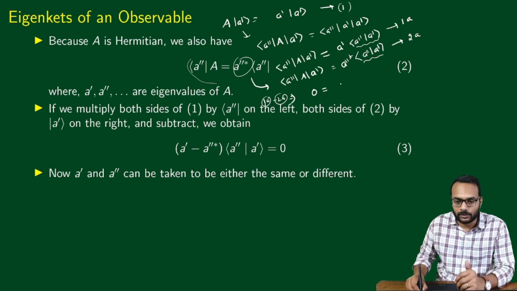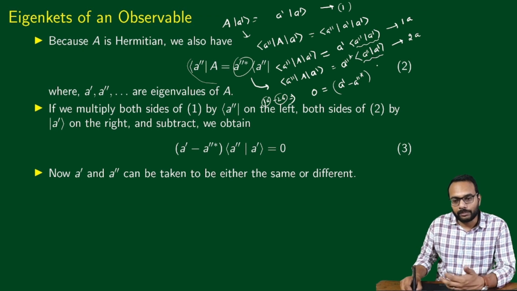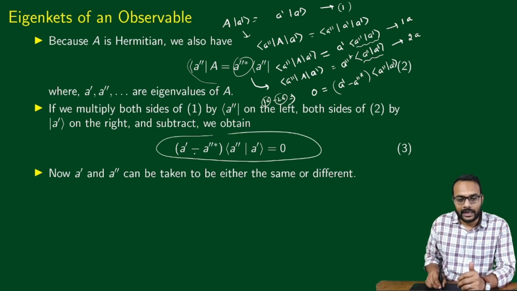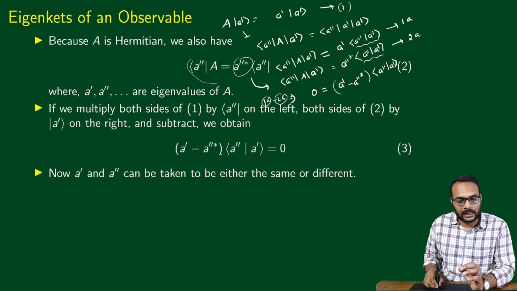We get 0 equal to A prime minus A double prime star, and I am pulling the bracket A double prime A prime out. That's how we get this equation: A prime minus A double prime star multiplied by the bracket A double prime A prime is equal to 0.